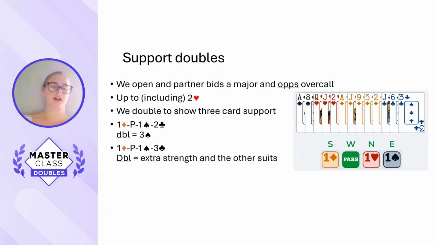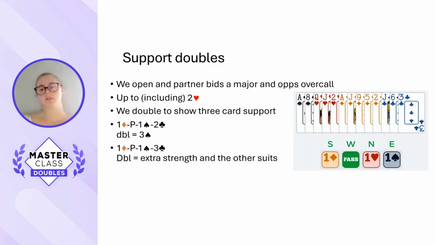So we do often have 3-card support here as well, because we don't have 4, and we are expecting partner to bid one of the other suits. So this is sort of a takeout double where we have already opened. So the takeout double appears a lot of places, and we're not doubling because we want to play against 3 clubs. We just want to show that we have extra strength, and we're accepting the suits partner bids.